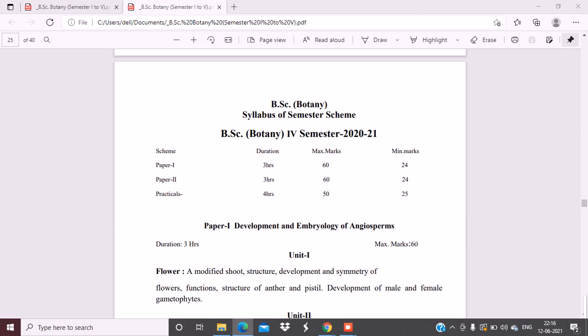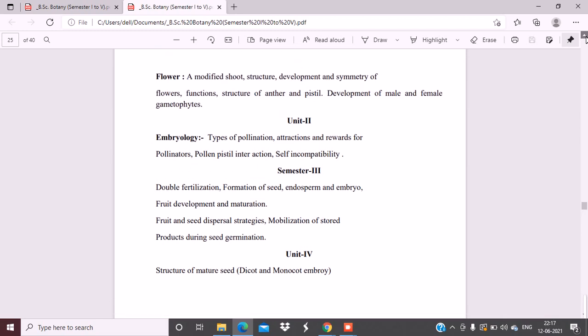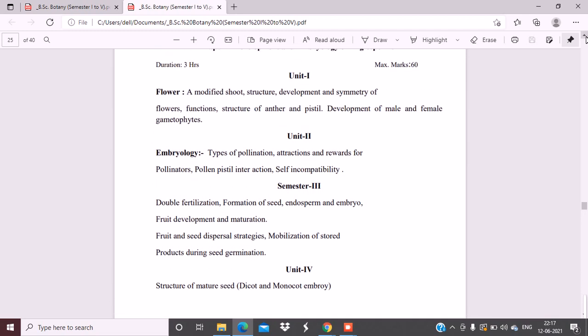Now let's start. Paper 1 is Development and Embryology of Angiosperms. Unit 1 is the flower, a modified shoot: structure, development and symmetry of flowers, functions, structure of anther and pistil, development of male and female gametophytes.